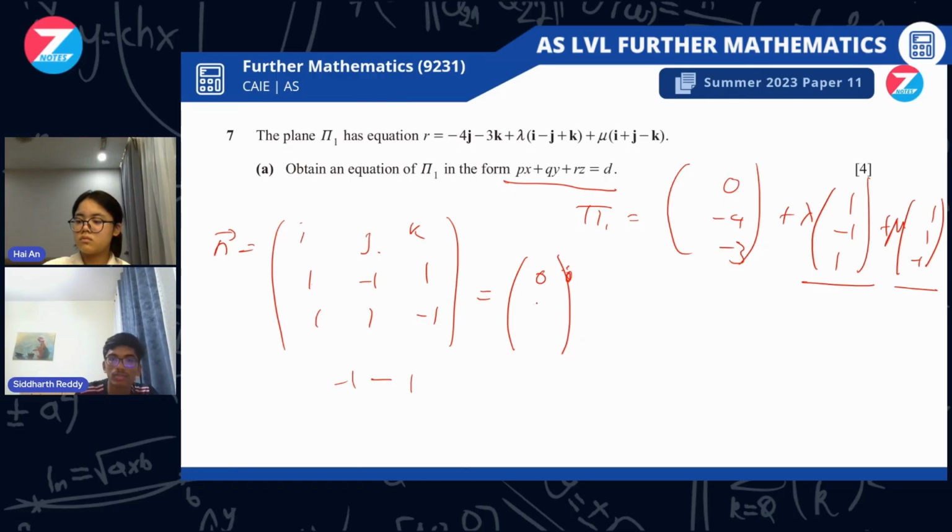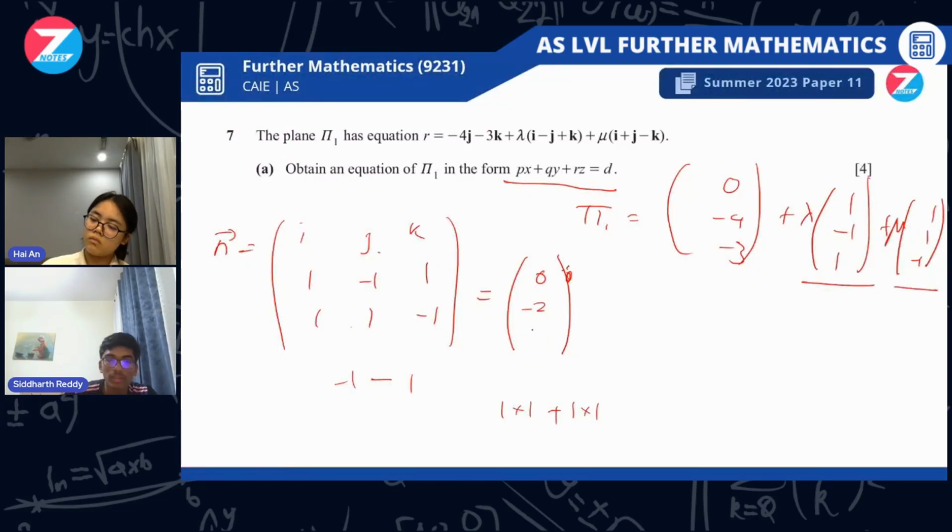Oh, so this becomes 2 minus 2. And for k, we have 1, 1, AD 1 into 1 minus minus 1 into 1. So that becomes 2.